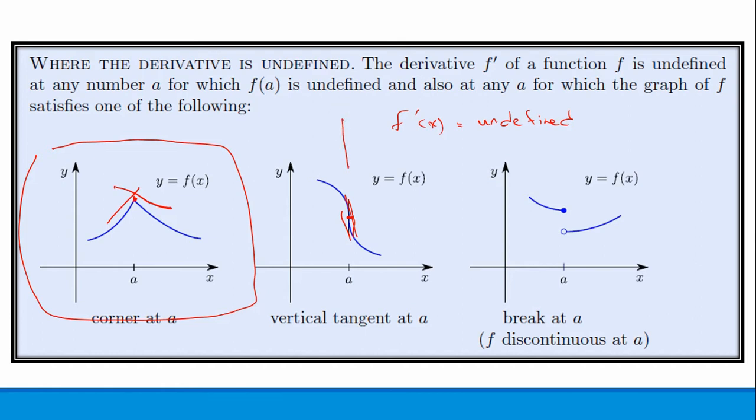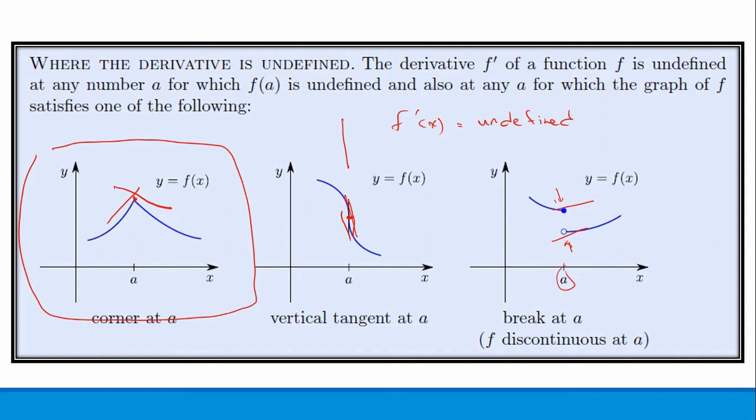And the third case, if you want to find the tangent at this point, there are two tangents but you don't know which one it is. For this case the first derivative is undefined because the two parts are not connected.